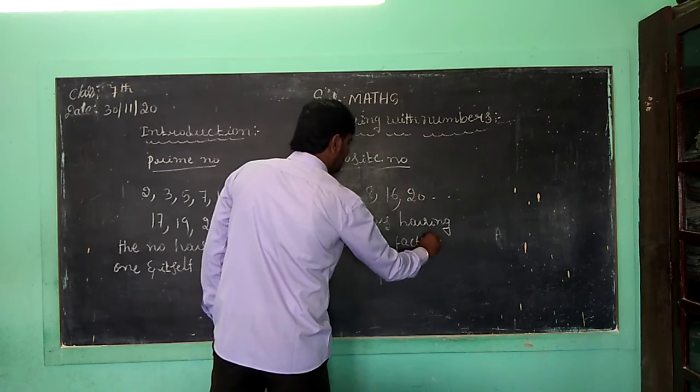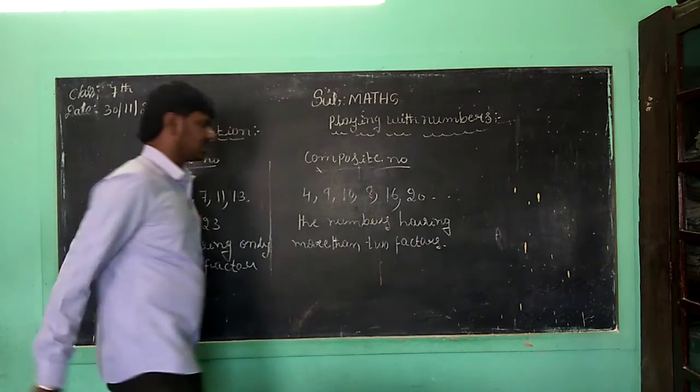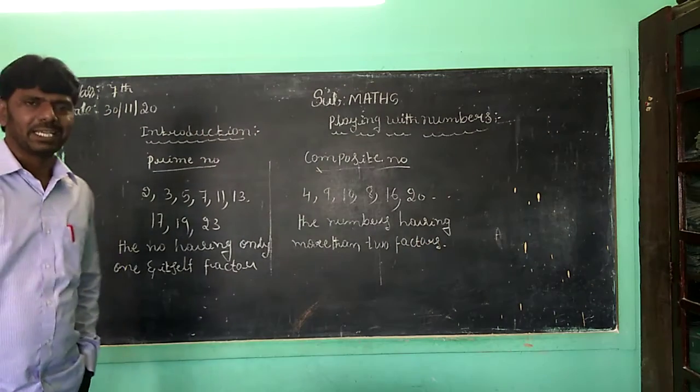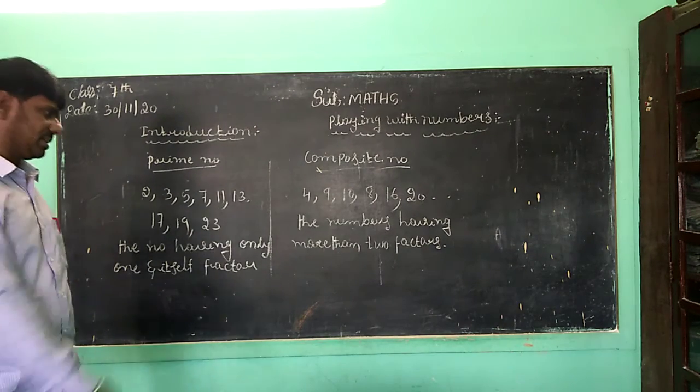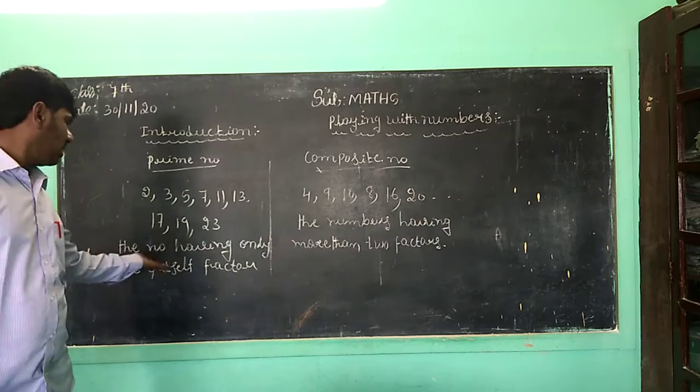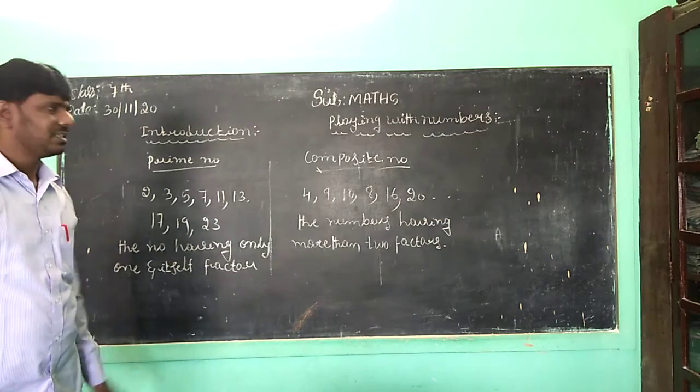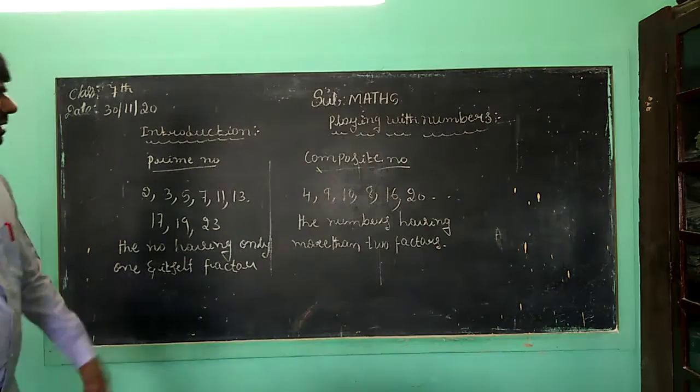The numbers having more than 2 factors: 4, 9, 10, 8, 16, and 20. Correct, children? These numbers have more than 2 factors. The number having only 1 and itself as factors is prime. Correct, children? These are prime and composite numbers.